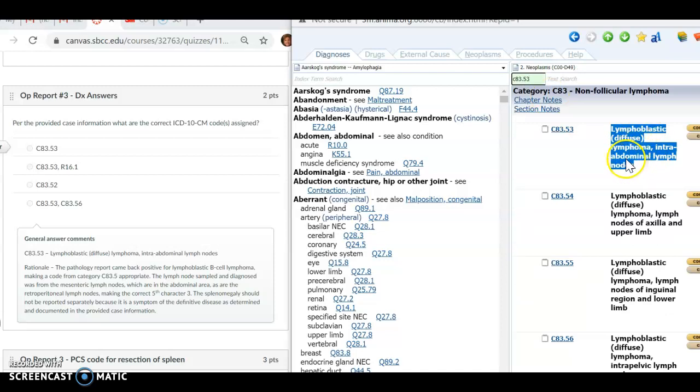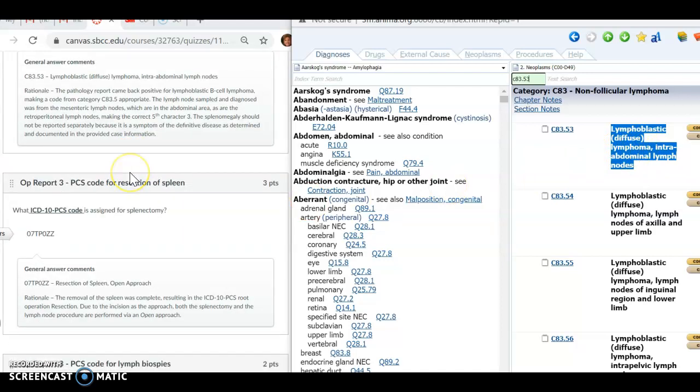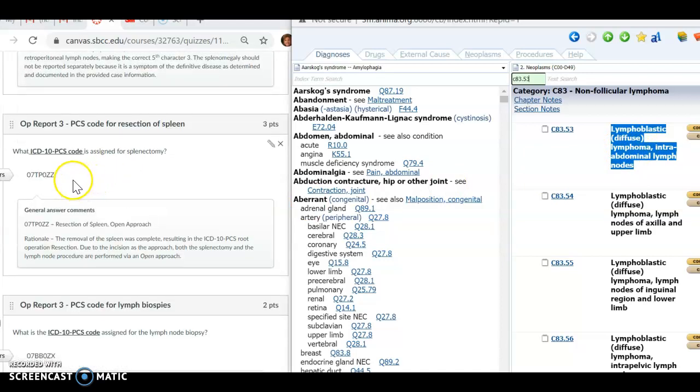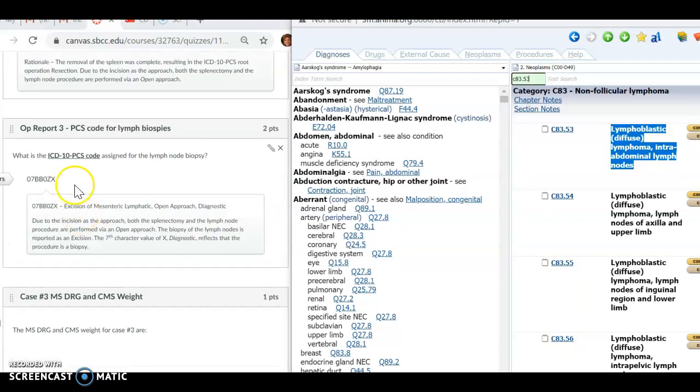Okay, right there, lymphoblastic. And then our splenectomy. This one shouldn't have been too hard. And then the lymph node biopsy. Remember, we're going to end up here with excision, and we're going to go with diagnostic.